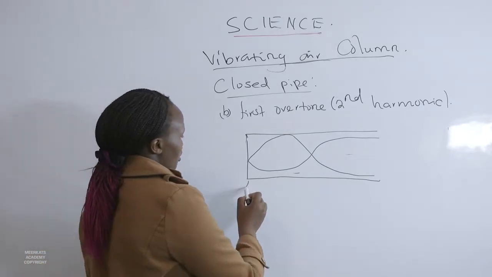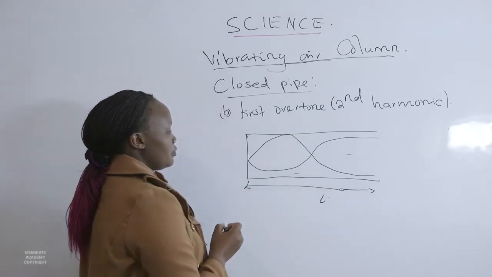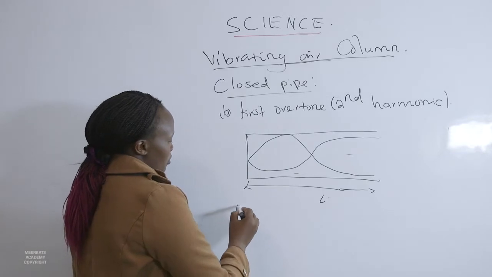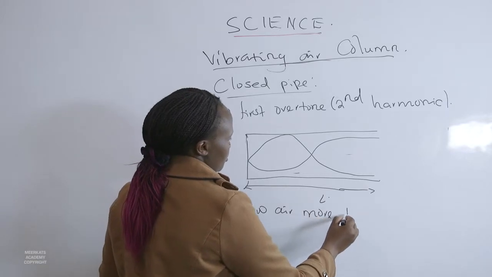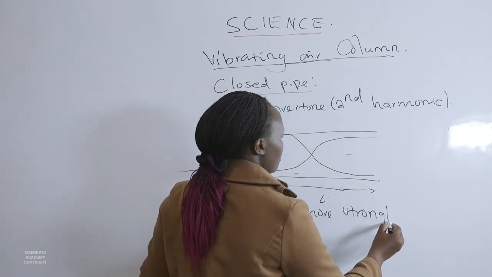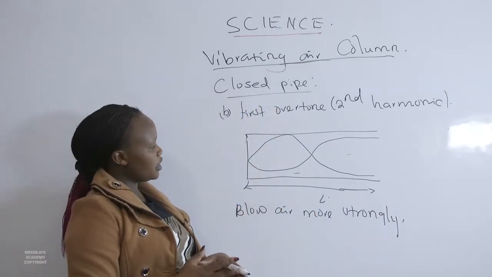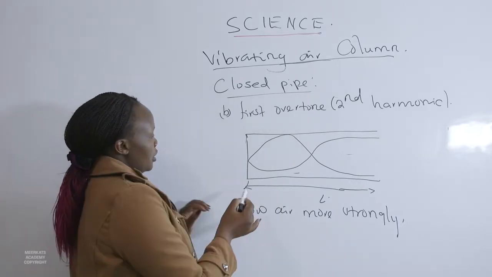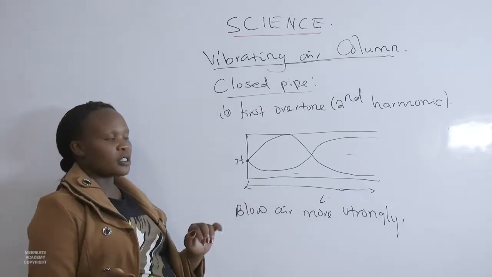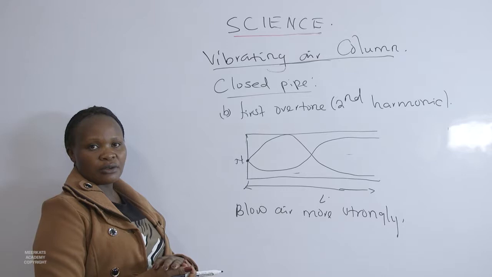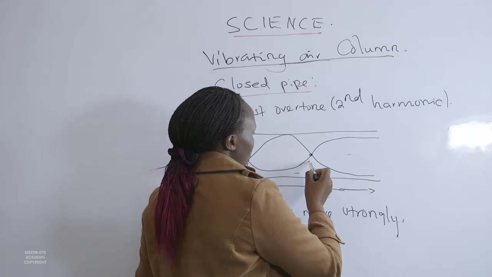So the length again is L. This time blow air more strongly, so that you can produce a wave of that nature. Now, clearly, here we have a node, because air is exhibiting zero displacement. Another time, again you have another node.